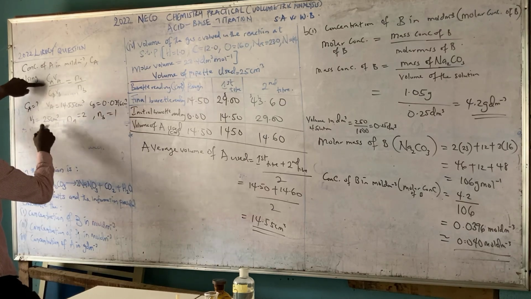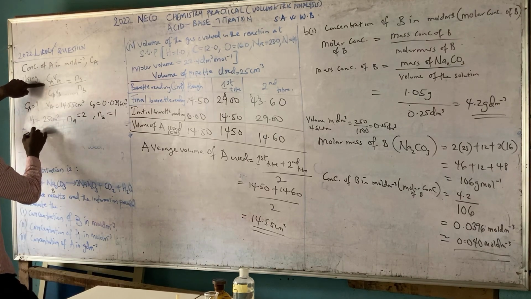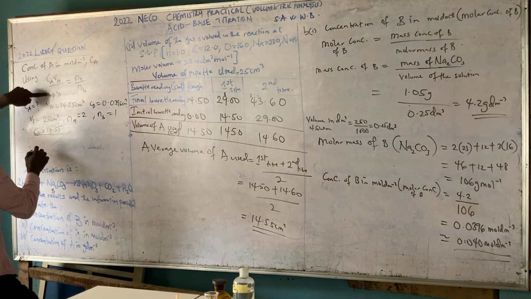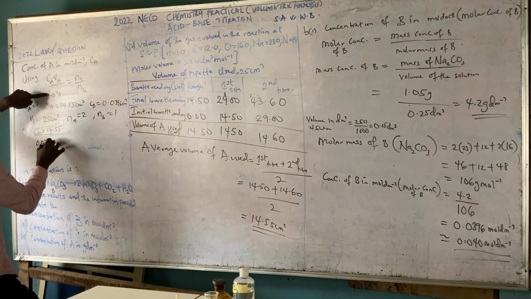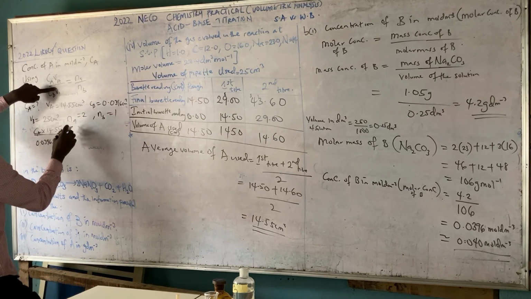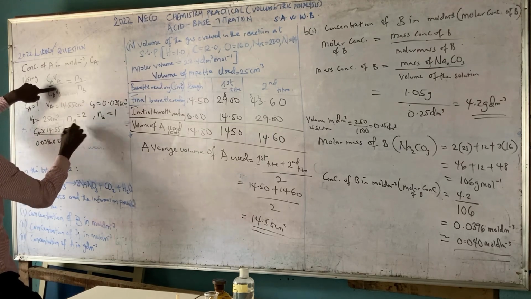So using this formula now, substituting your values, what do we have? We have CA multiplied by 14.55 all over CB. Your CB is 0.0396 multiplied by your VB, your VB is 25, equal to your NA, which is 2, all over 1.